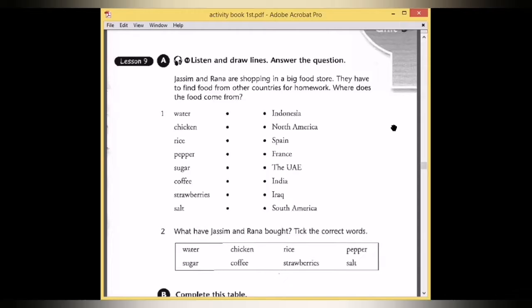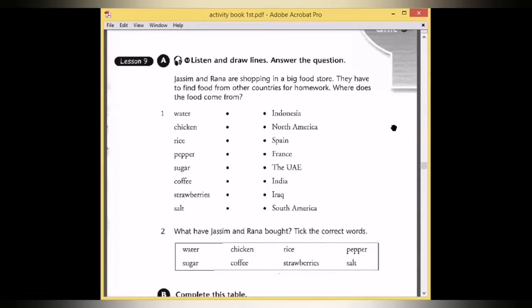It comes from South America. South America. Coffee from South America, Abdulaziz. Now, strawberries.